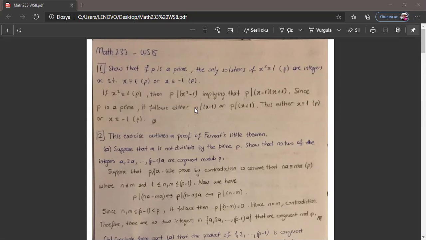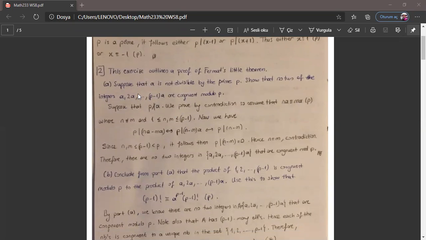So if it divides x minus 1, it gives this by definition. And if it divides this one, again, we have this. So we get that the solutions of this congruence are these ones, either that or this.